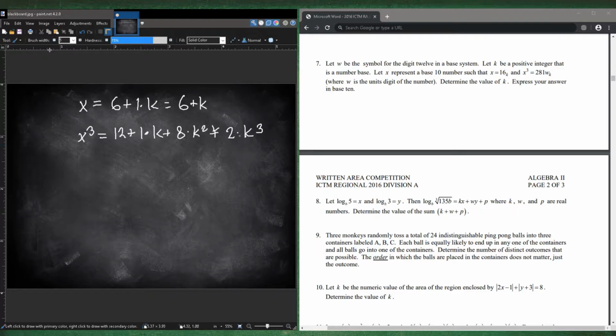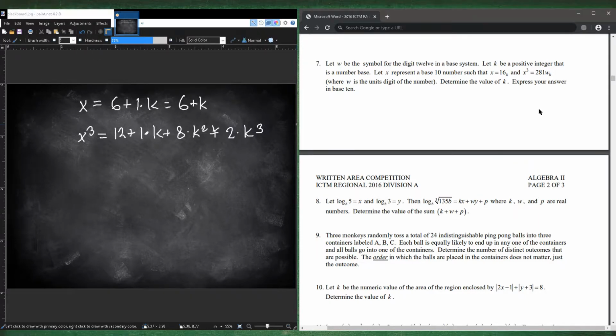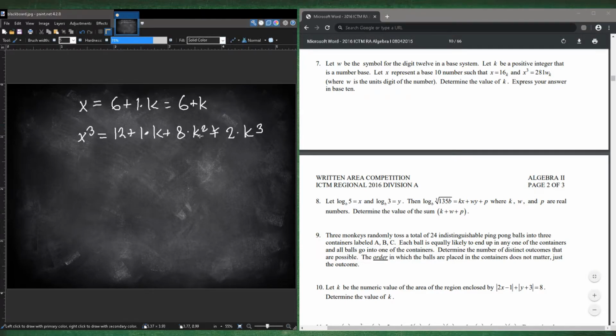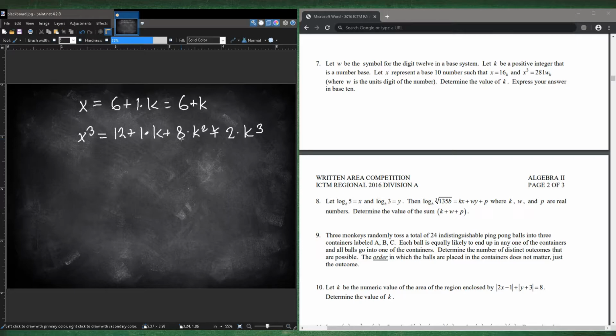So if you don't know how to do base conversions, that's basically how you do it. The units digit is raised to the 0 power, so you just multiply by nothing. The next one is raised to the first power, then the next to the second, then the third, then the fourth, the fifth, the sixth, etc. So that's basically how you do base conversions.